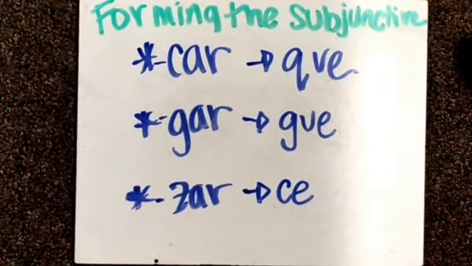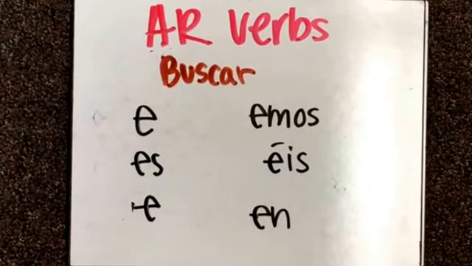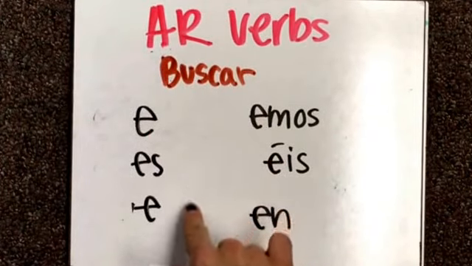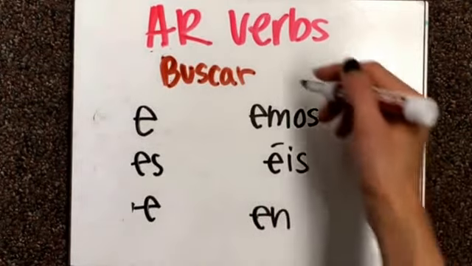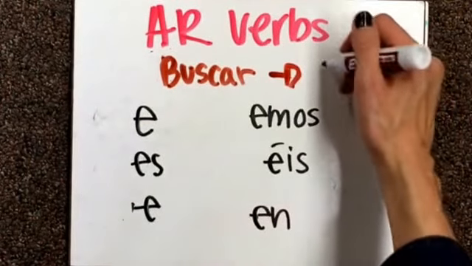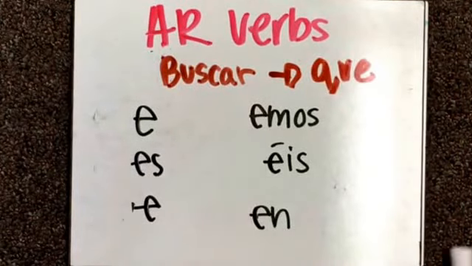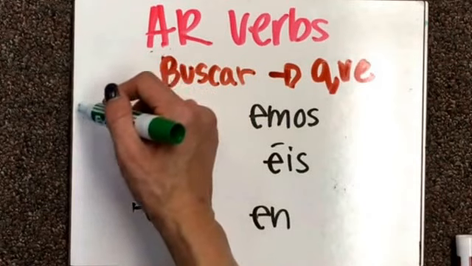No accents here. Look at a verb like buscar, and we see that it ends in car. And we know that the endings for AR verbs are the opposite endings, e, es, e, emos, éis, en. We know that the CAR must go to QUE. All that means is that the yo form would be busque.